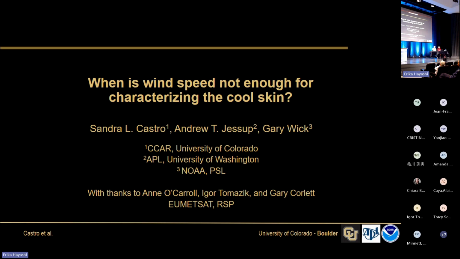This is work I've done with Andy Jessup at the University of Washington and Gary Wick at NOAA-PSL. And I want to say thanks to Anne, Igor, and Gary, because this work really got started last summer as an invitation to visit them at EUMETSAT, as part of the EUMETSAT Visiting Scientist Program.